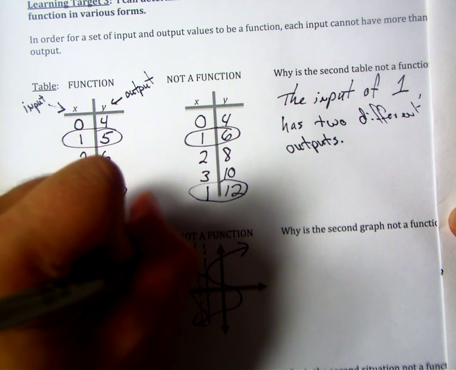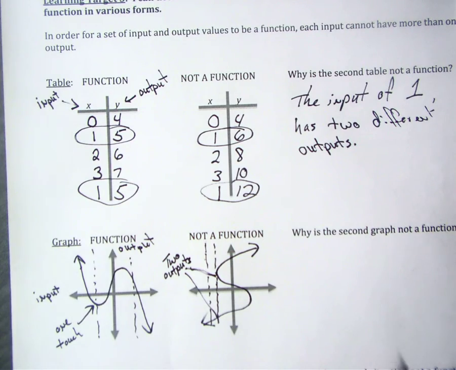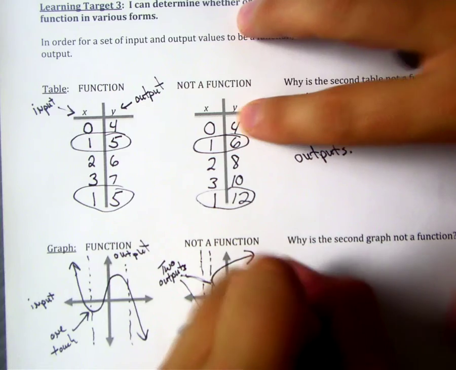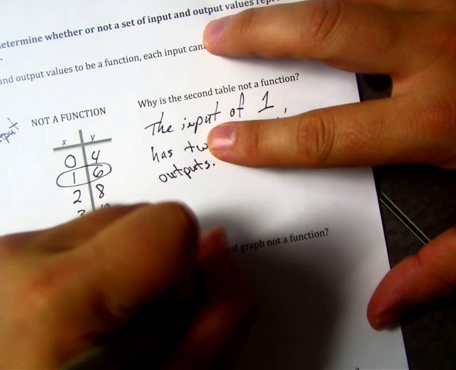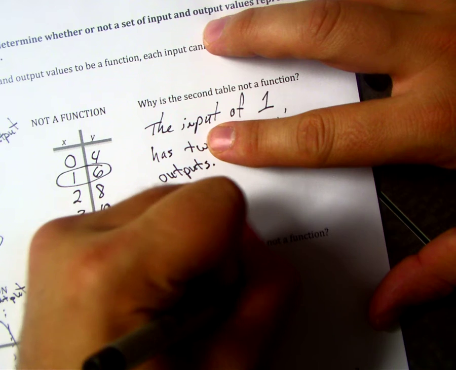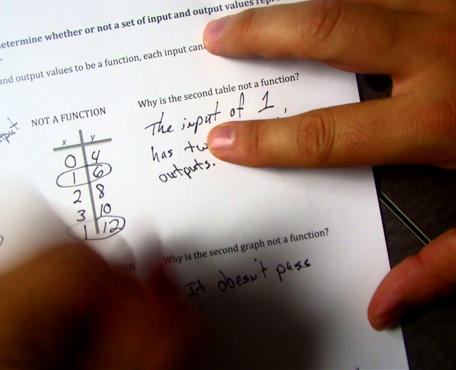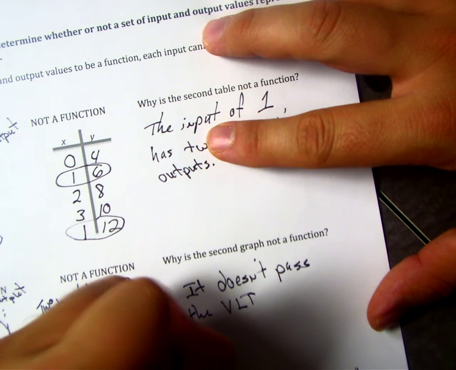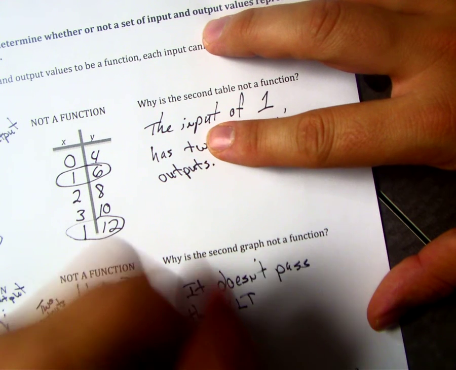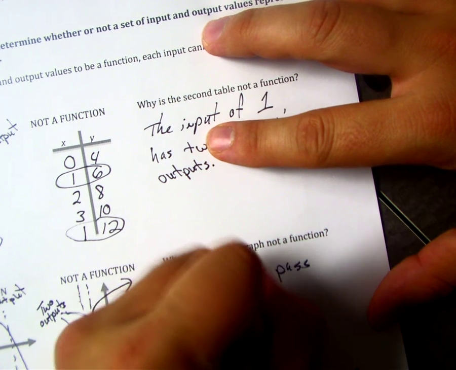So if I draw this over here, if you stop, oh, right there, it's got 2. Right here, it has 2 outputs, right here and right here. So it has 2 outputs for that input. Alright, so why is the second graph not a function? It doesn't pass the VLT, vertical line test.